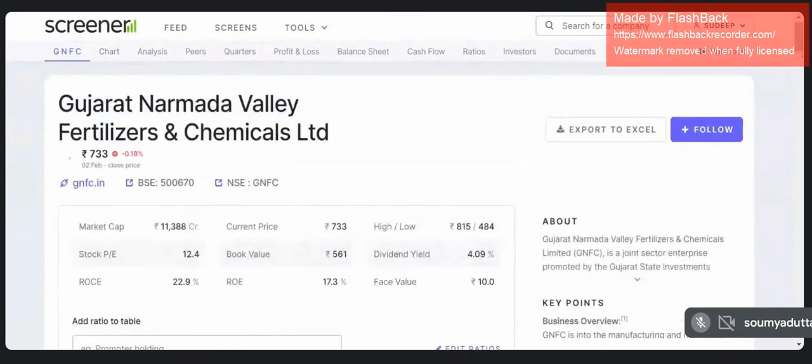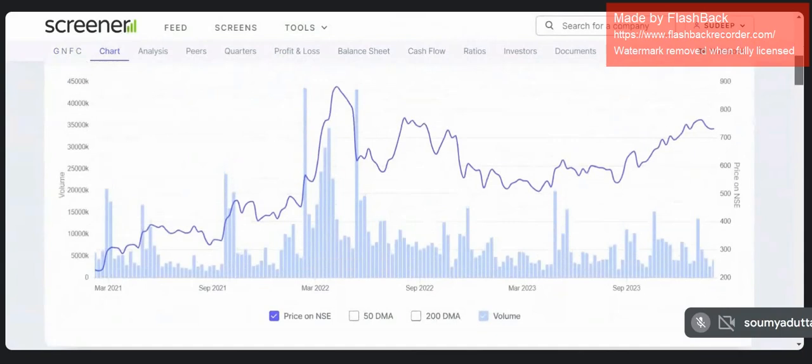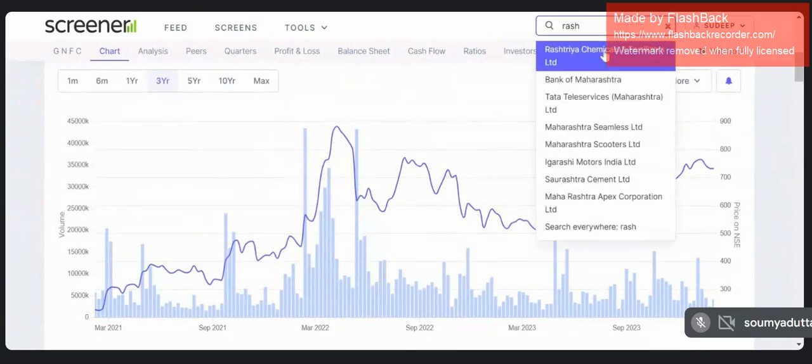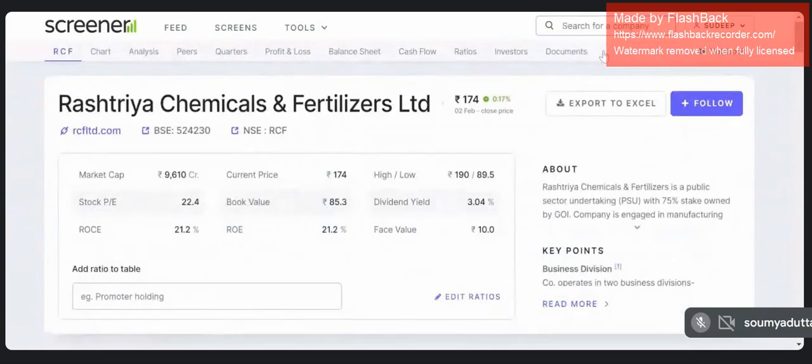It went from 455 to 800 something. Yeah, correct. When it started going up, the stock price doubled in 4 months. Check other fertilizer companies, Rashtriya Chemicals and Fertilizers.